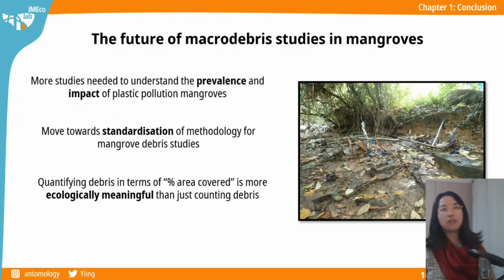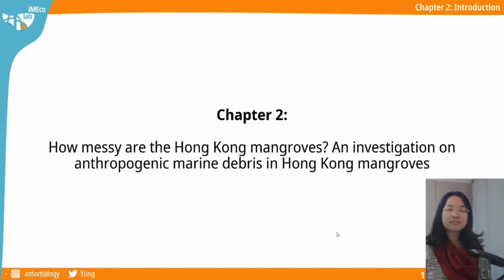For instance, agreeing that using 5 millimeters as the minimum threshold for macrodebris might be a good place to start. And quantifying debris in terms of percentage area covered might be more ecologically meaningful than just counting debris. So overall, I just want to see more research being done, because 12 was just too little and was incredibly surprising.